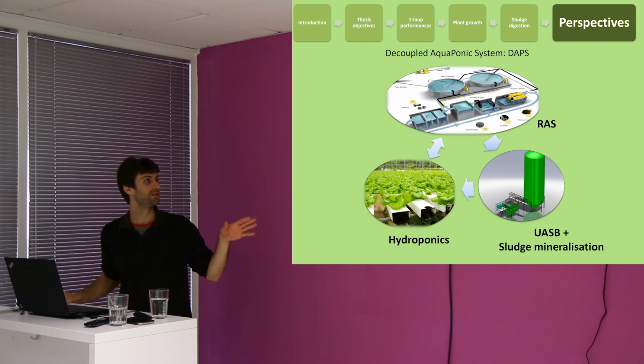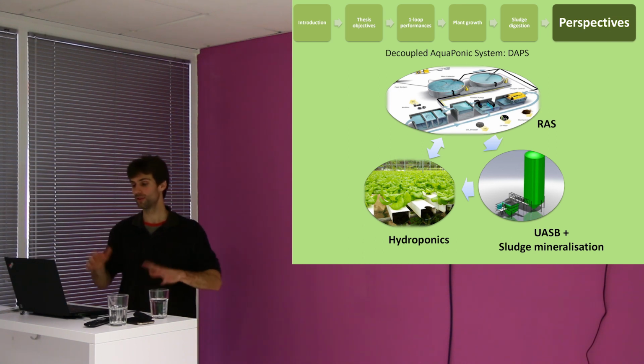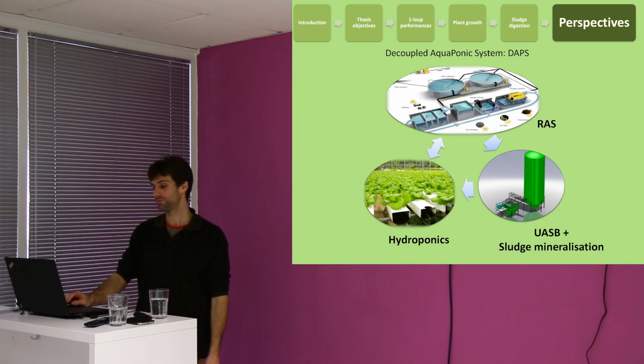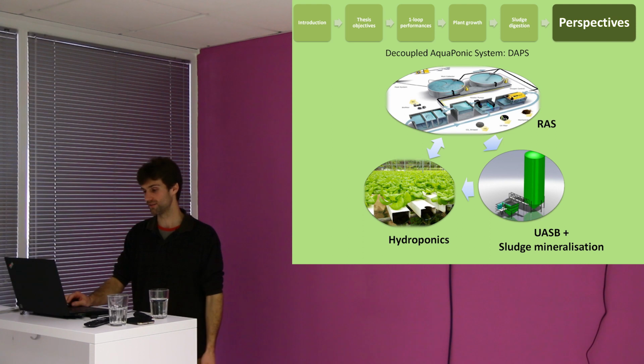So, for example, the sludge goes in a mineralization plant, and then the effluent goes to the hydroponic plant, and then you can also send the water from the aquaculture directly to the hydroponics. So something more decoupled. But I will let Simon explain because he really focused his thesis on this.